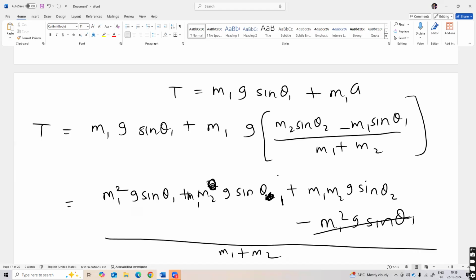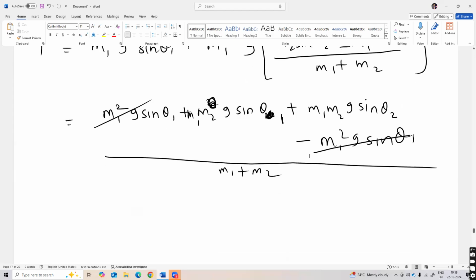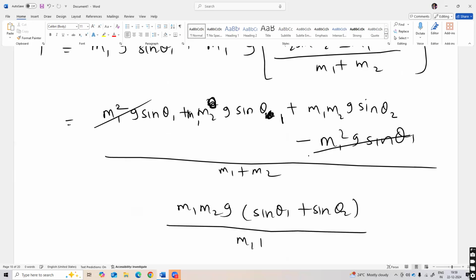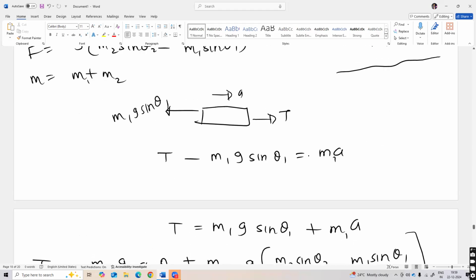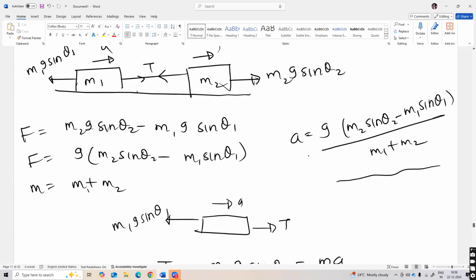So this term will get cancelled, and finally what we will get is m1 m2 g(sin theta 1 plus sin theta 2) divided by m1 plus m2. This is the value of tension we will get. Actually, we should get the same answer using the other equation also. I will just check what mistake I am doing in this case.